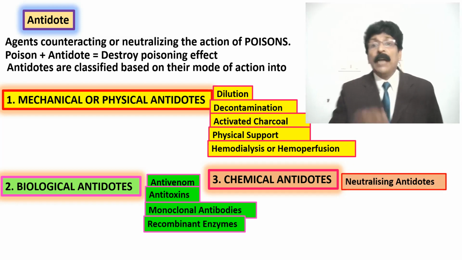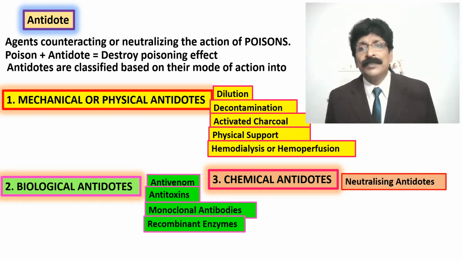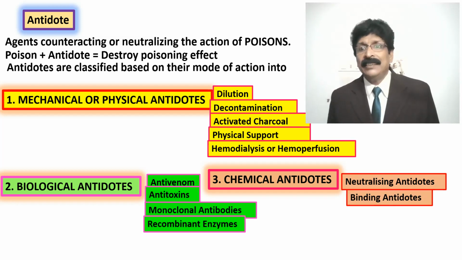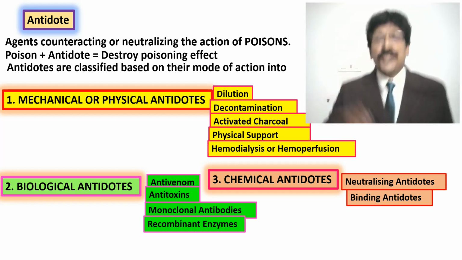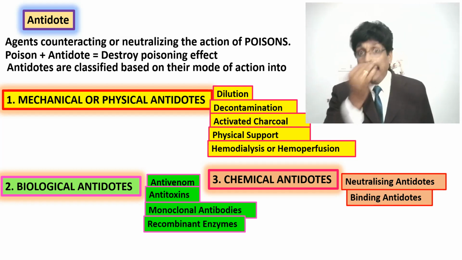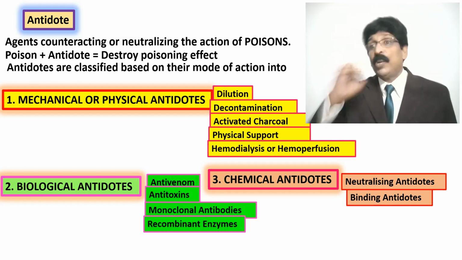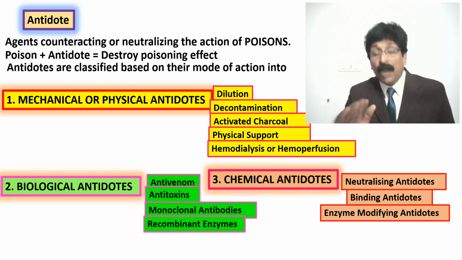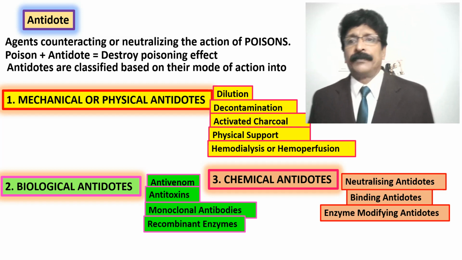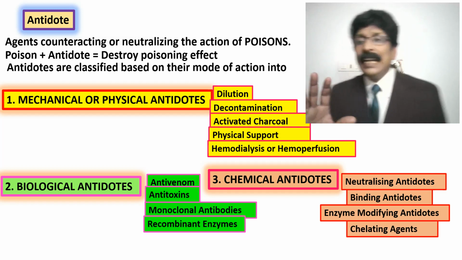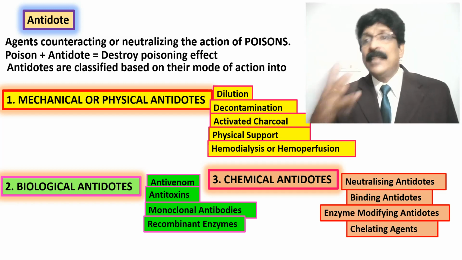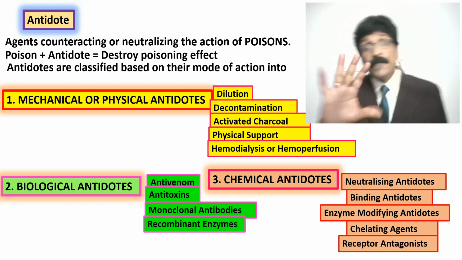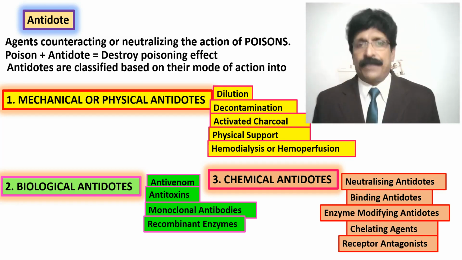When we come to chemical antidotes, they neutralize by chemical action: binding antidotes, binders which bind the poison and excrete it, enzyme modifying antidotes, chelating agent antidotes, and receptor antagonists.